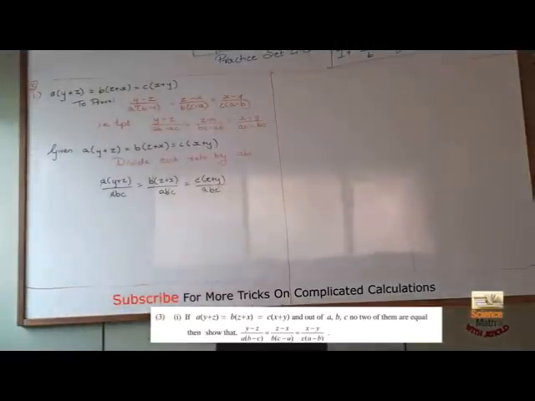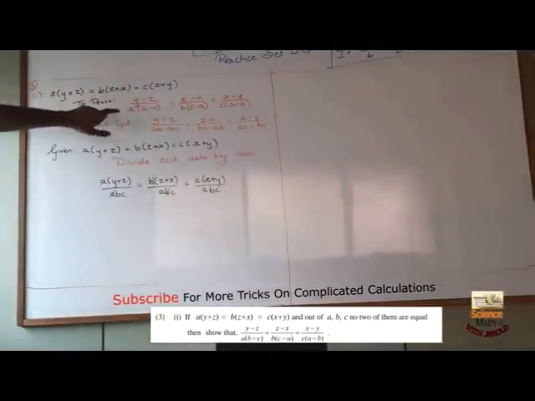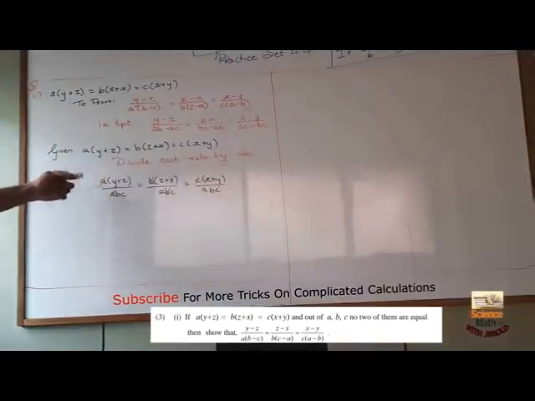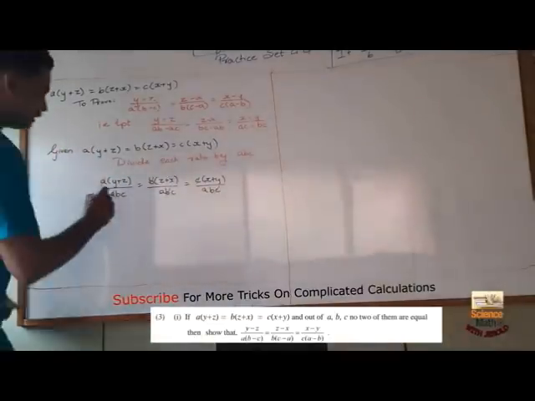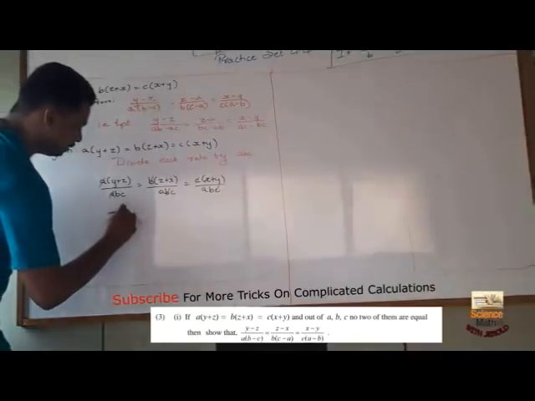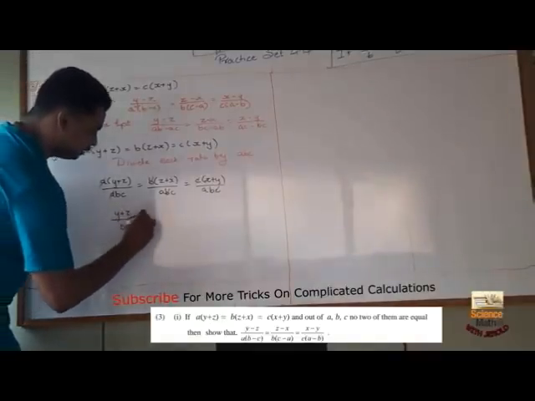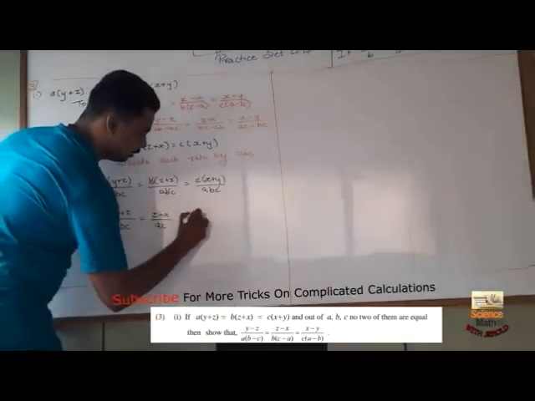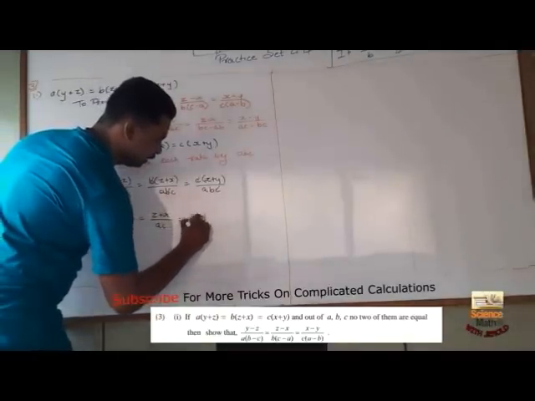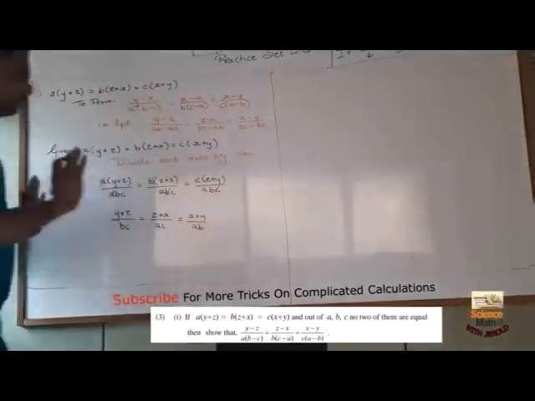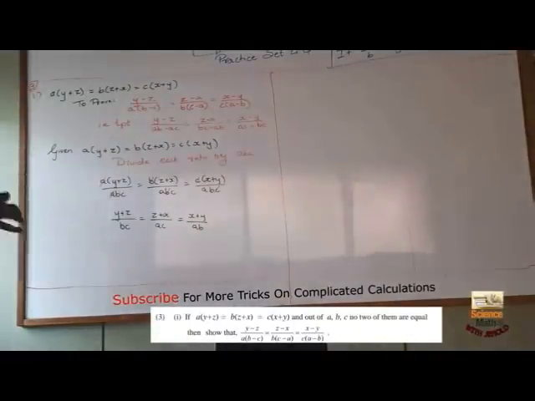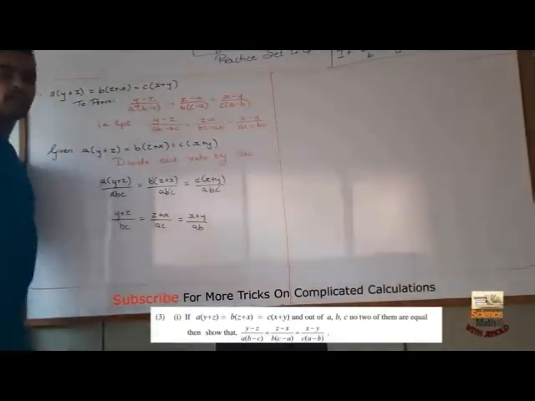Everywhere I got a cancellation, and as you know, I did not want any abc in the numerator. So all these ratios (y + z)/bc is equal to (z + x)/ac is equal to (x + y)/ab remain. Now all three are my equal ratios, and you can see I have single terms in the denominator.